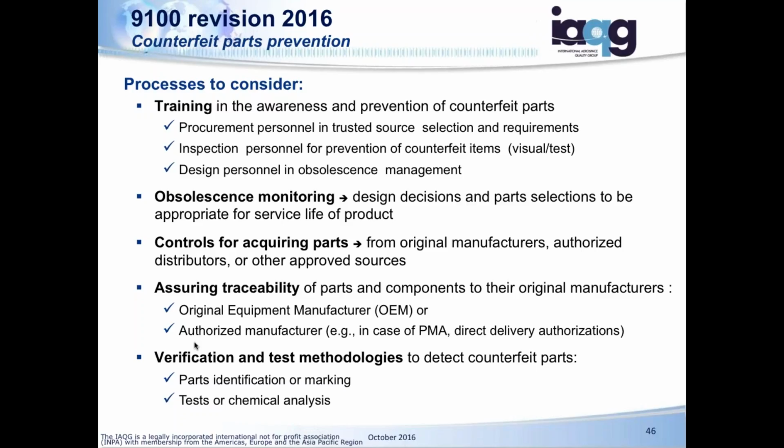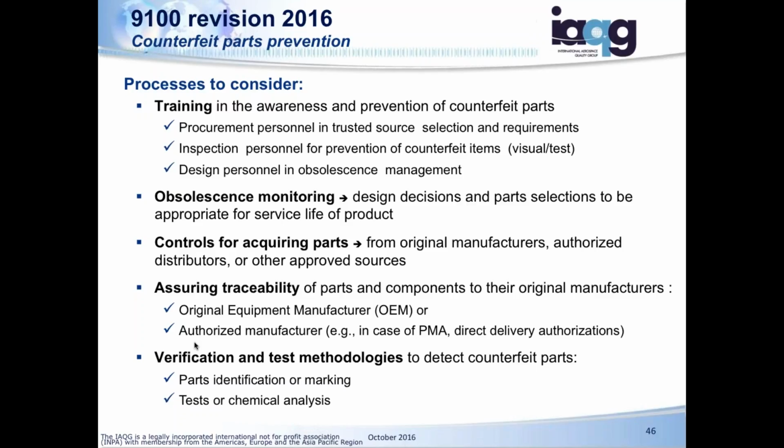To my inspection personnel, here's what to look for with regards to counterfeit type parts. To my design personnel, how do I make sure, we have electronics today where we throw things away after 2 years. We have aircraft that have been flying 50, 60 years, so we need to make sure we design with obsolescence management in mind.